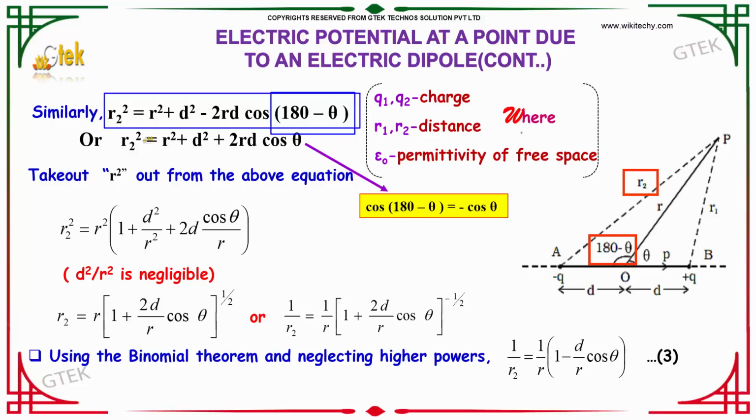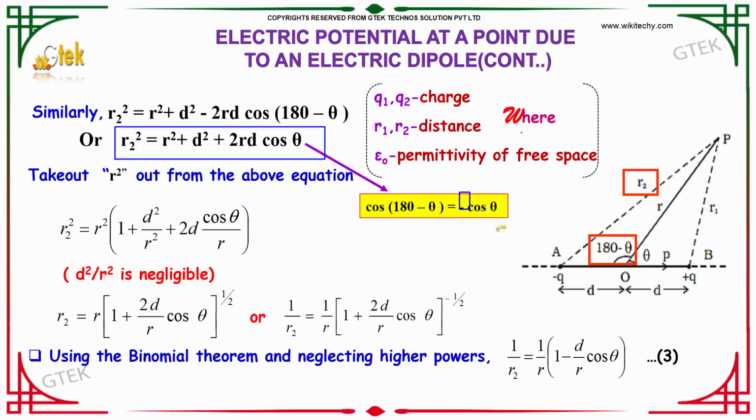This can also be written as r2 square equal to r square plus d square plus 2rd cos theta. So here theta is indicating 180 minus theta, it becomes minus cos theta. So this minus and minus, if it is going to be multiplied, it becomes positive, that is plus.